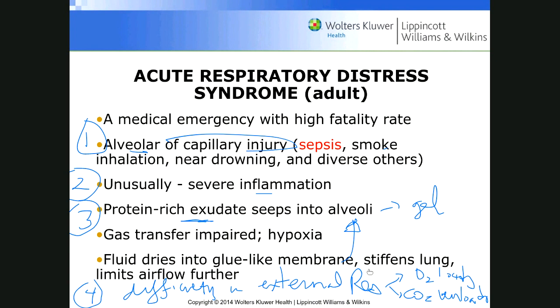What is the question with unloading? Do you guys not know that external respiration means oxygen loading and CO2 unloading?